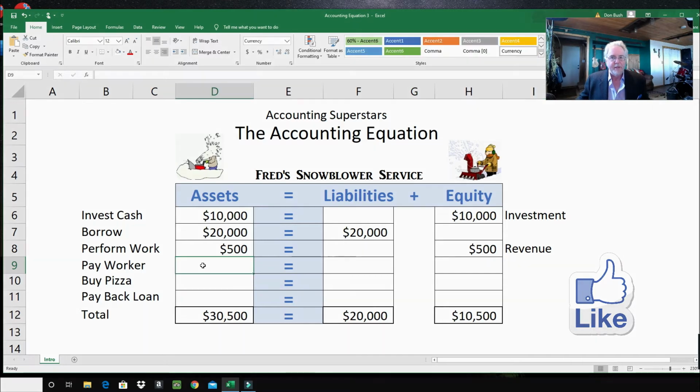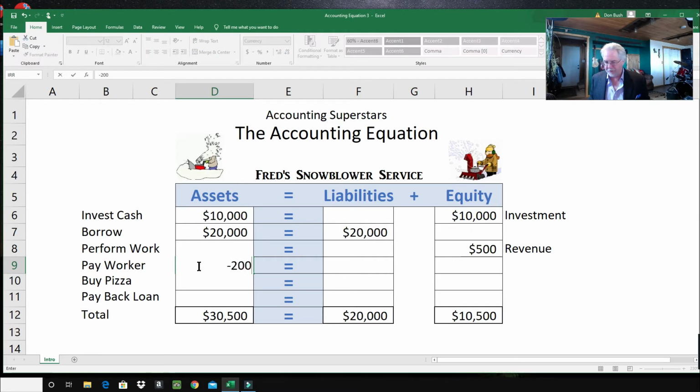The next transaction, Fred has to pay a worker, and this worker has earned $200. So this worker is getting paid $200 for working there at Fred's Snowblower Service, and Fred pays the money out, so I'm going to put a negative $200. The reason why I'm putting a negative $200 is Fred is paying out the cash. His assets are being reduced. And our accounting equation has got to balance. The left side's got to equal the right side. And now Fred does not owe this money any longer.